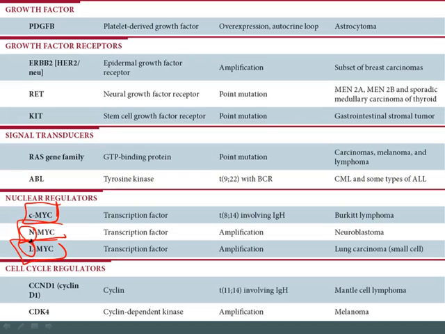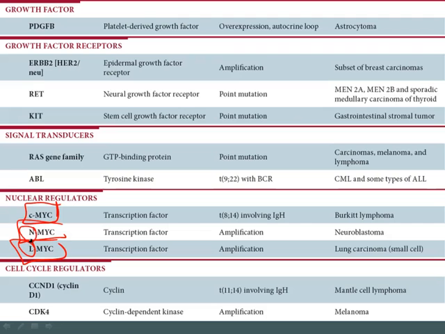Each of these is a transcription factor. Upregulation or overexpression of the MYC gene will result in overproduction of growth-promoting proteins, and that will result in overgrowth, increasing the risk for development of a particular type of cancer.